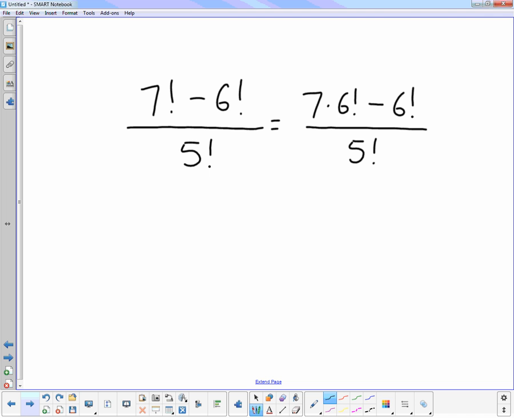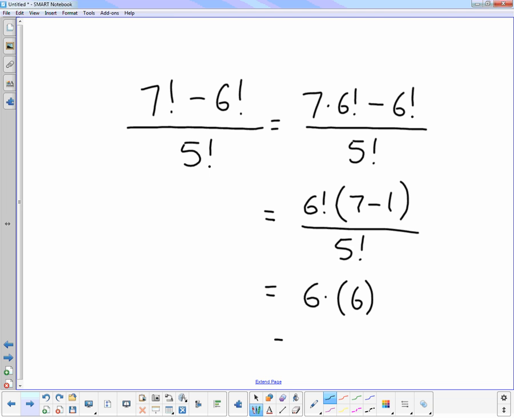And now I have a GCD. How did I get it? Well, 7 minus 1, right?